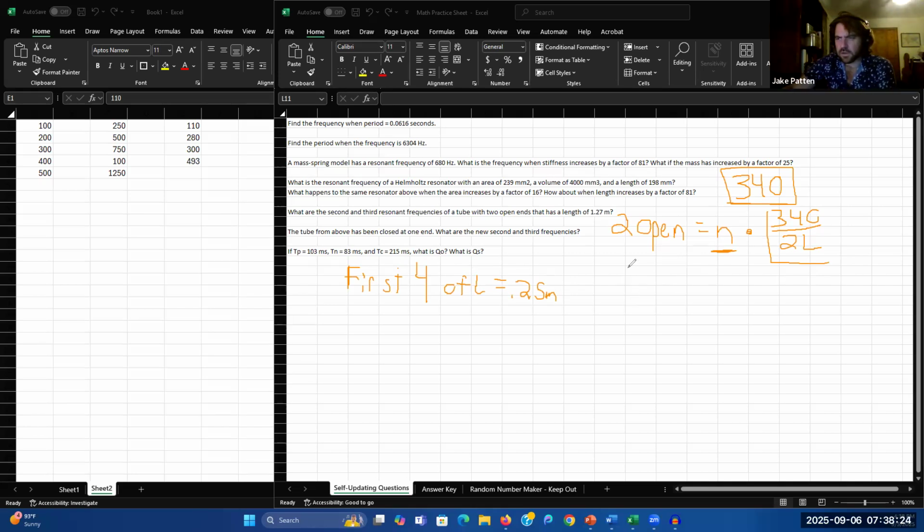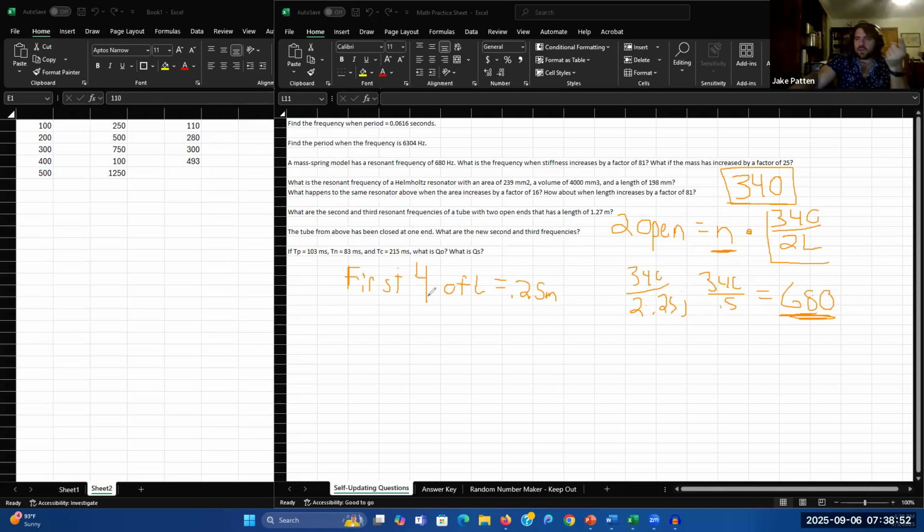So you're going to go 340 divided by 2 times 0.25, which is 0.5. So 340 over 0.5 is going to be 680. And then keep that number right there.